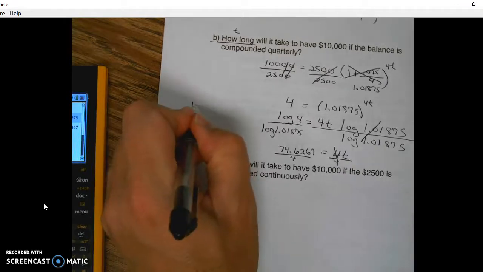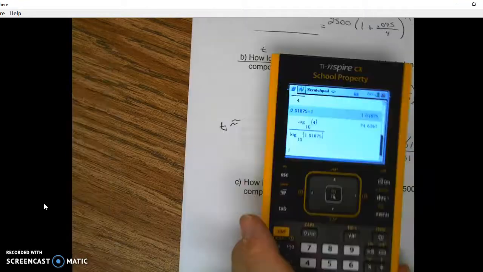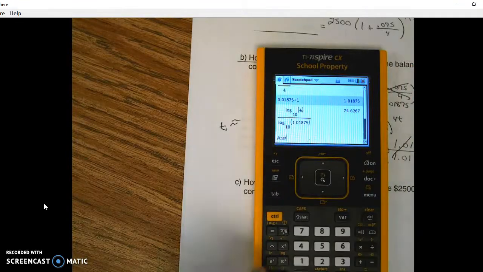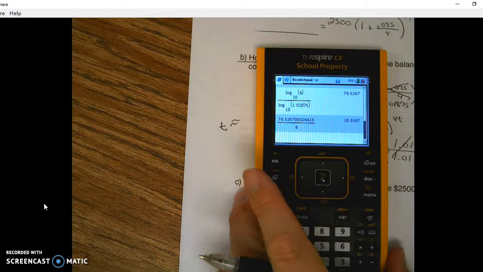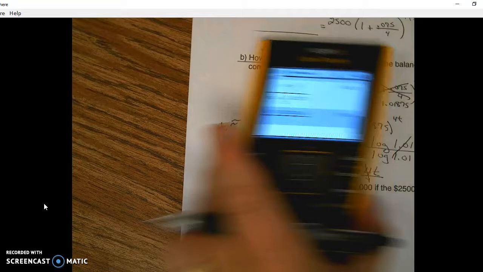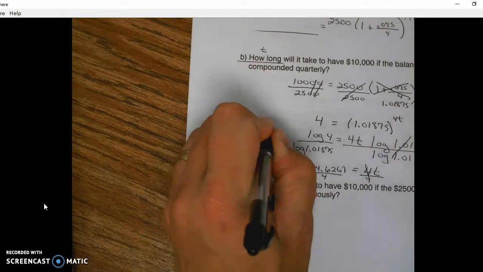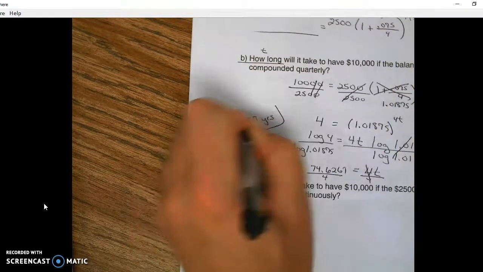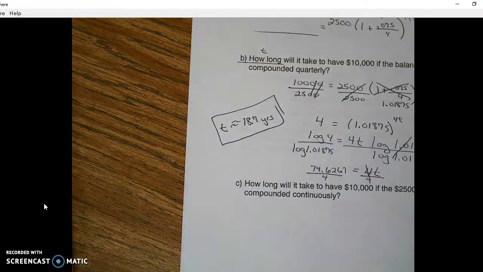So time is going to be approximately 18.7 years. That's how long it's going to take to have $10,000.